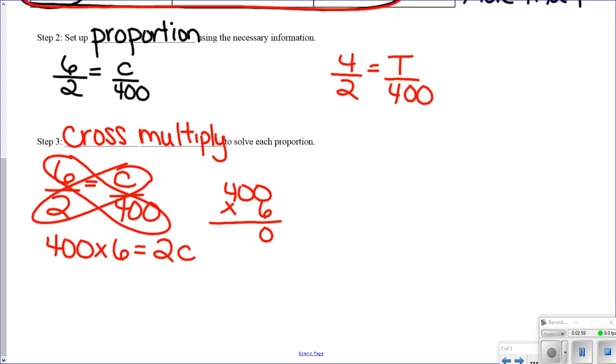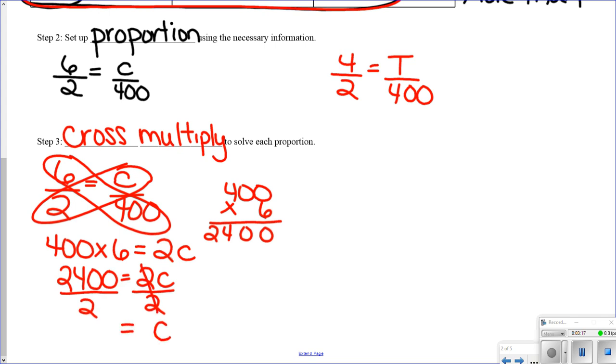6 times 0 is 0. 6 times 0 is 0. 6 times 4 is 24, so 2,400 equals 2C. I will then divide both sides by the 2 to get the variable by itself. 2,400 divided by 2. 2 goes into 2 once.